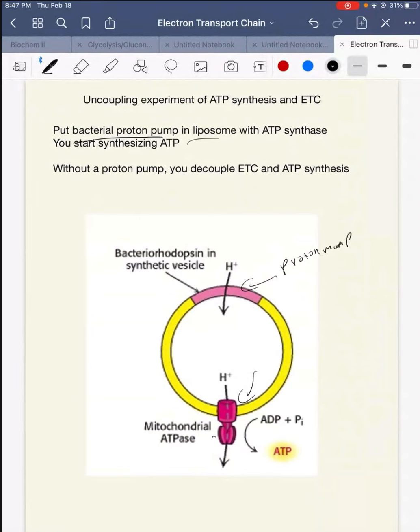And so whenever they expressed this proton pump, ATP synthase was able to use those protons and create ATP. However, when they don't express the proton pump, you're unable to generate ATP, and if there's actually more hydrogens outside here, ATP synthase actually started running the other direction. So that's how they figured out you need the protons, and you need the proton pump to be able to generate ATP.